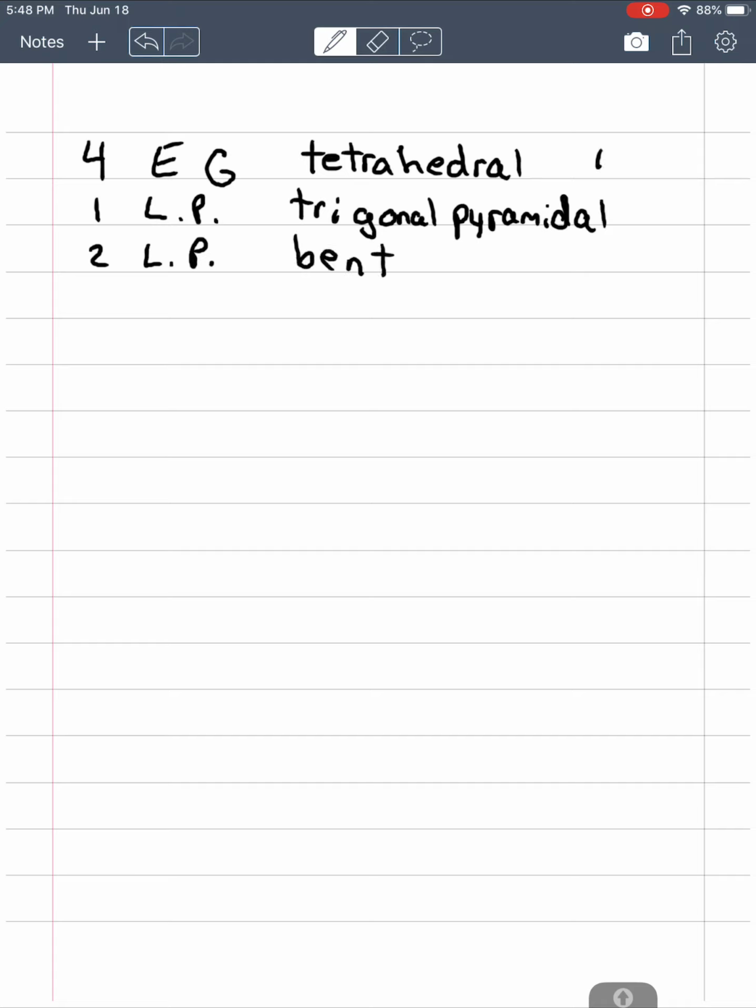If you have no lone pairs and you have 4 electron groups, that would be 109.5. If you have a lone pair, that's less than 109.5. And if you have 2 lone pairs, that's even smaller, even more less than 109.5.